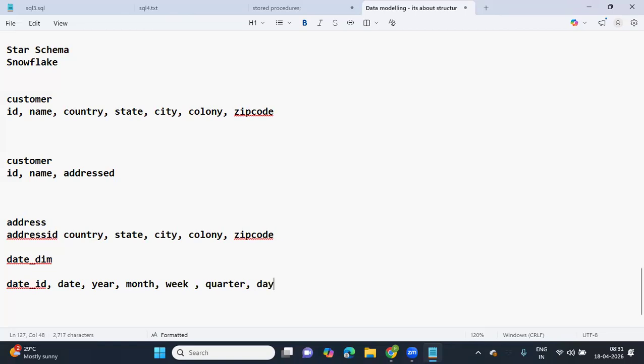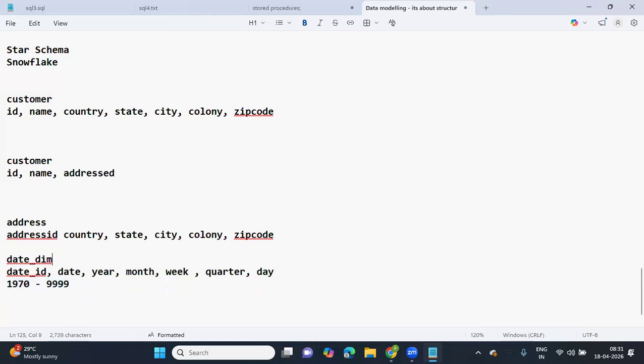Day, name of the date, name of the month, name of the week. So the complete calendar, in databases, they'll start from 1970 till 9999. So all this information will be stored in the date dimension table. In real projects, you will definitely see a date dimension table.